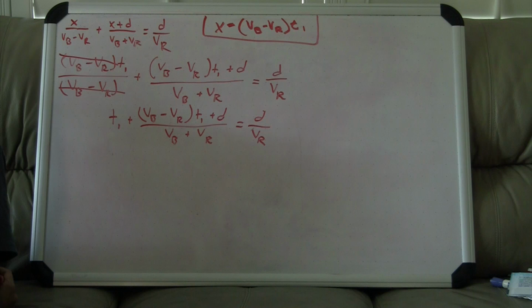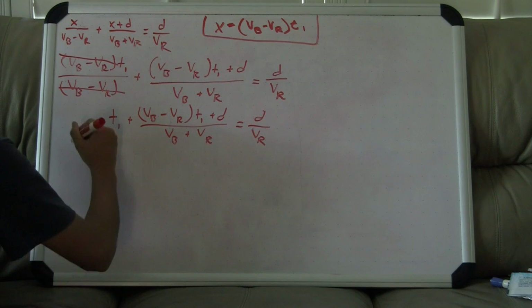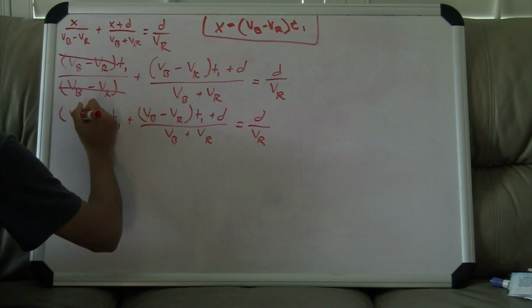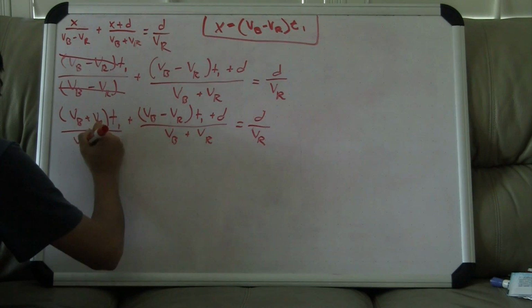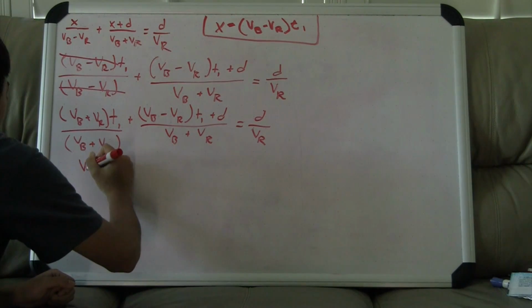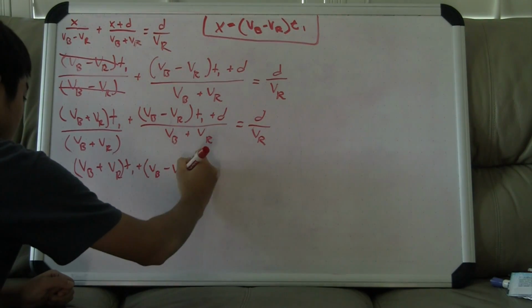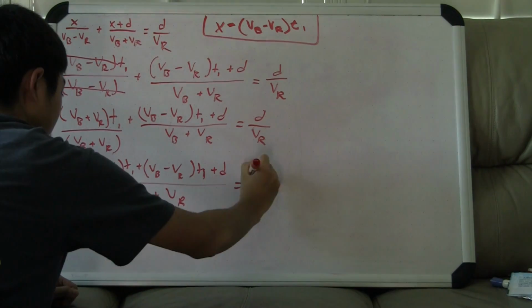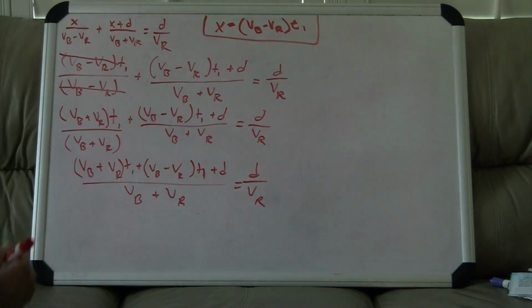Next we can multiply the top and bottom of T1 by VB plus VR to get common denominators. Next we can add them together. Next we can distribute the equation.